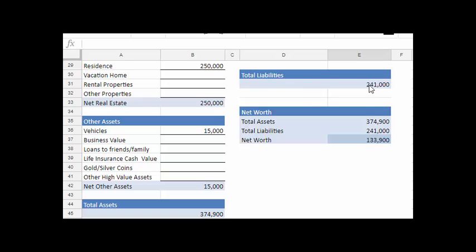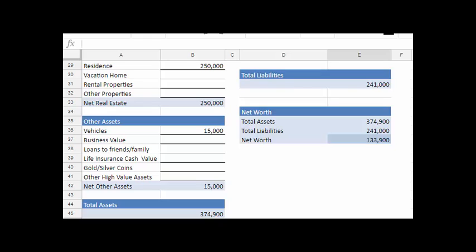Total liabilities, $241,000, and it brings them over here, giving us a net worth of $133,900. So, what do you think about your result? Remember, it's not your personal net worth as a human being, but your financial net worth. Now that you know, you can change it by taking steps to correct it or to increase your net worth.